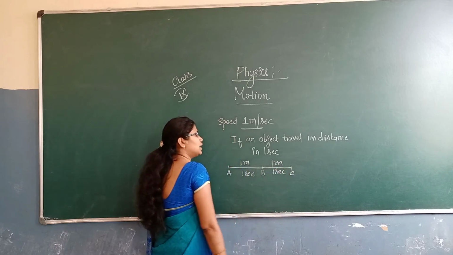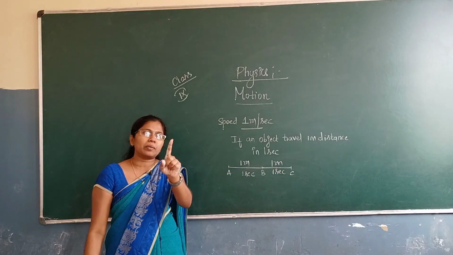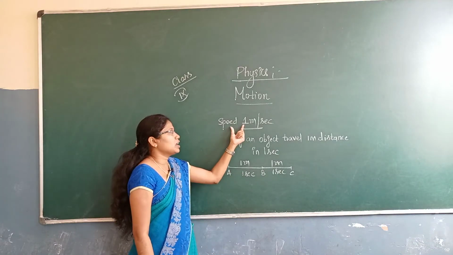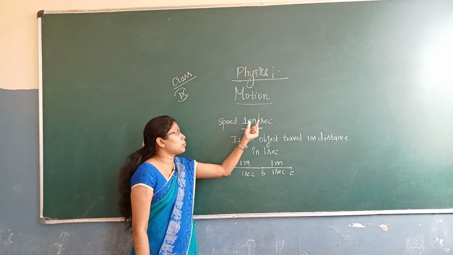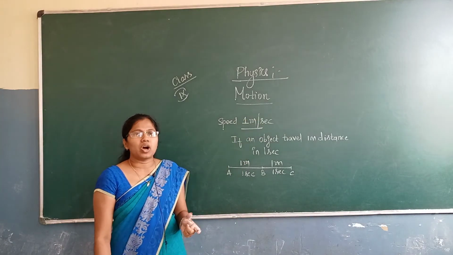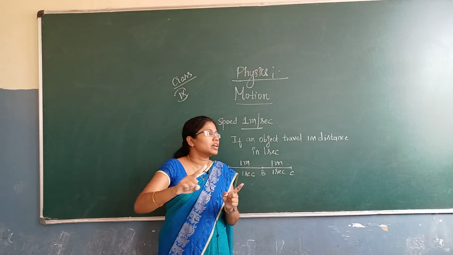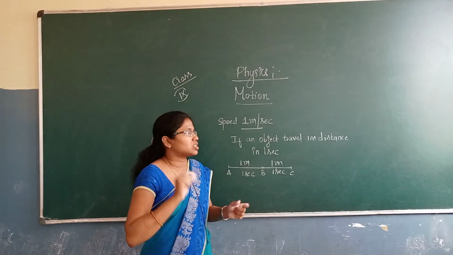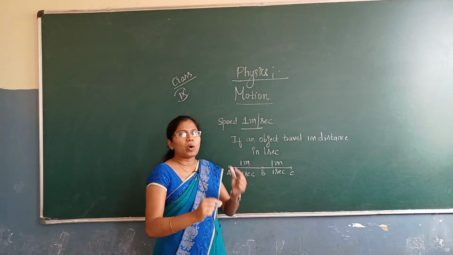In that 1 second it has to cover only 1 meter distance. Then we can say the speed will be 1 meter per second. So when the object travels 1 meter distance in 1 second, then we say the speed will be 1 meter per second.